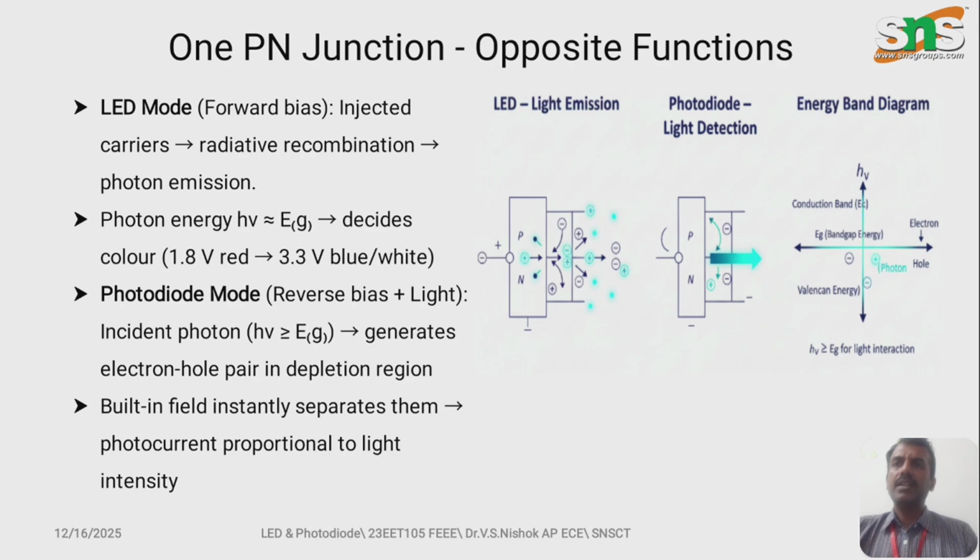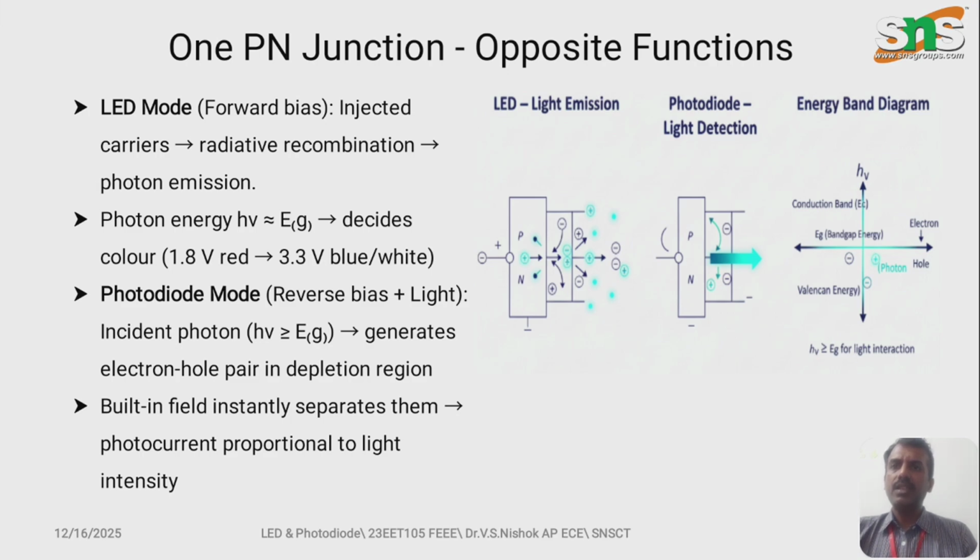So here we are going to see about the PN junction functions. In the forward bias condition, that is when external input is given, that is positive terminal is connected to the p-type material and negative terminal of the external supply is connected to the n-type material, it is called a forward bias.